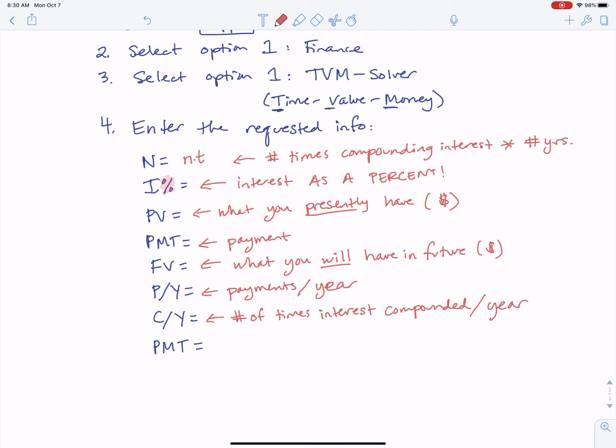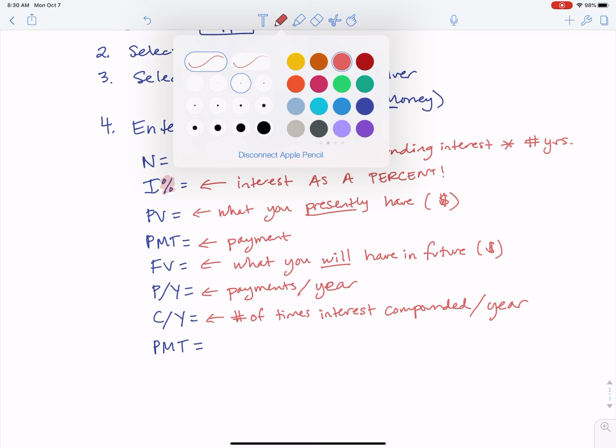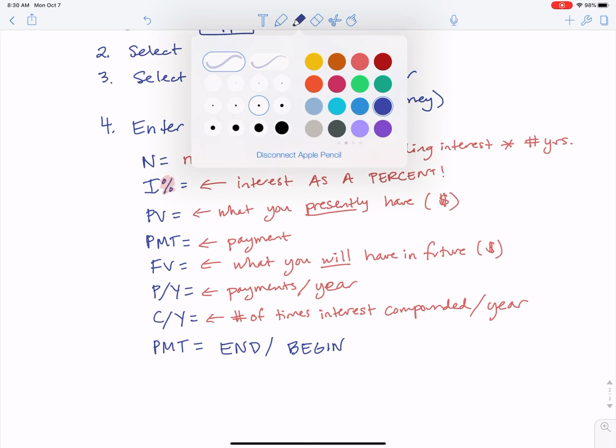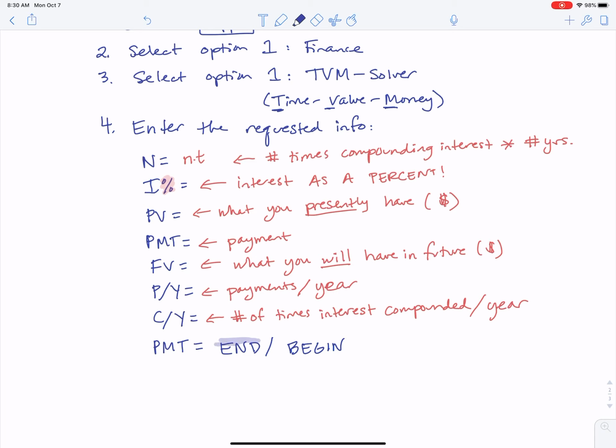And then the last button says payment, and it says on it end or beginning. And right now, end is highlighted, and we want it to stay highlighted. Just because we're not in a really hardcore finance class.